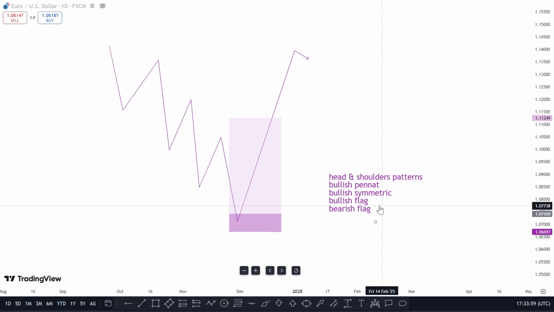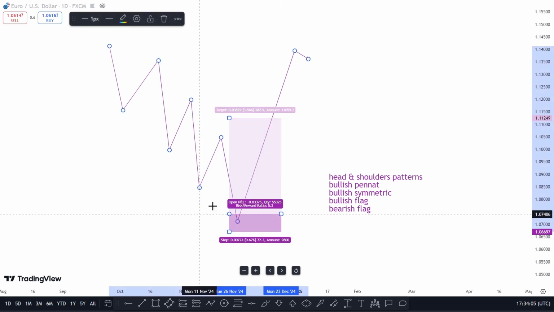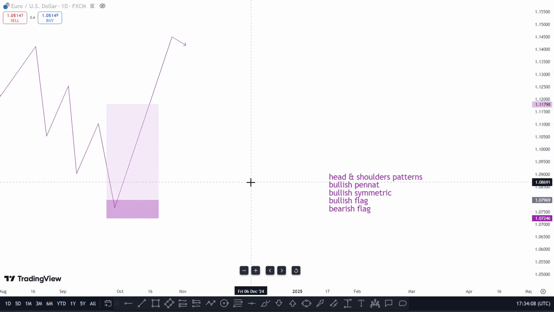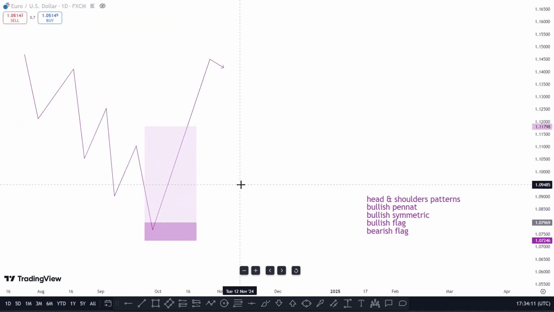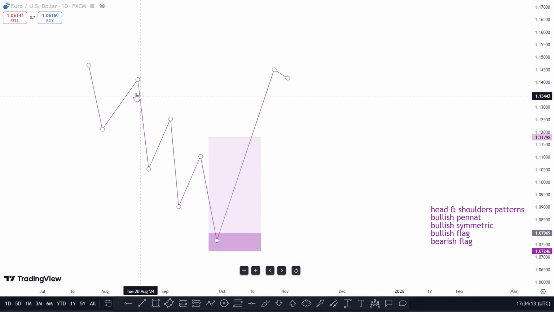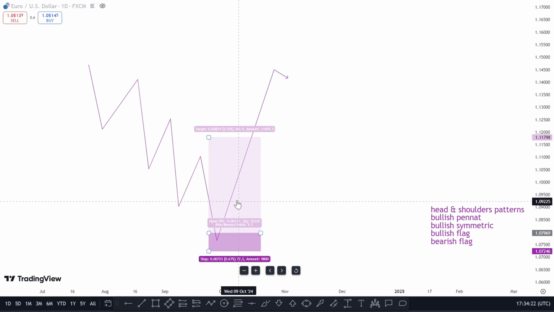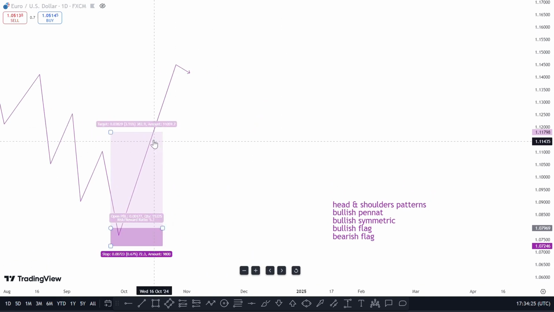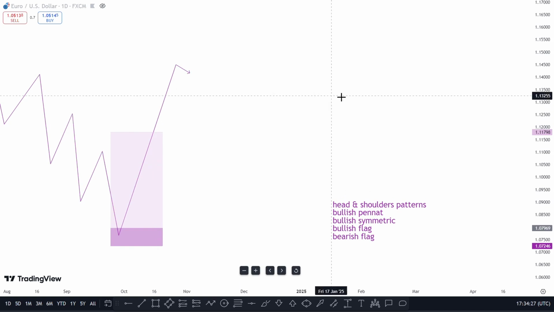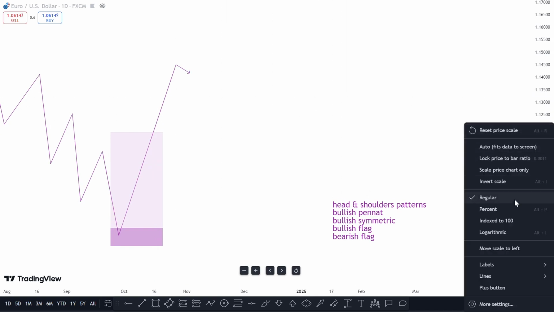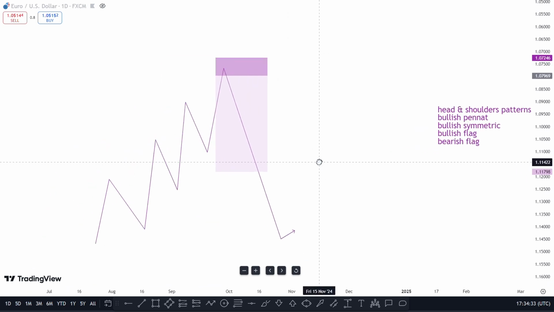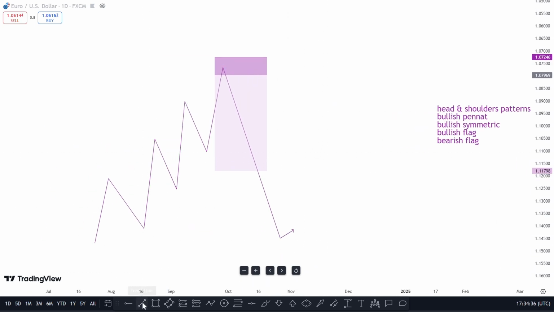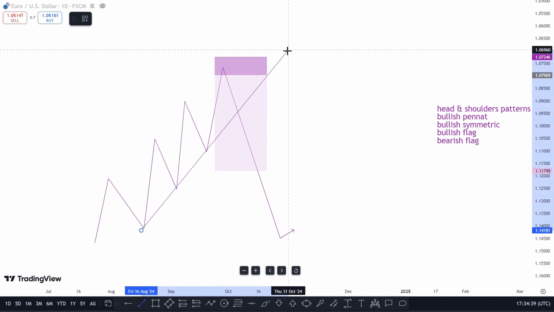When we have a head and shoulders, let me move this to the side, I want to explain in the best way you can use to identify it. Like I said, when the market is trending to the downside, there are patterns you see in this type of zone that tell you this market is about to reverse to the upside. And when the market is trending to the upside, there are patterns you will see that make you know the market is about to reverse to the downside.